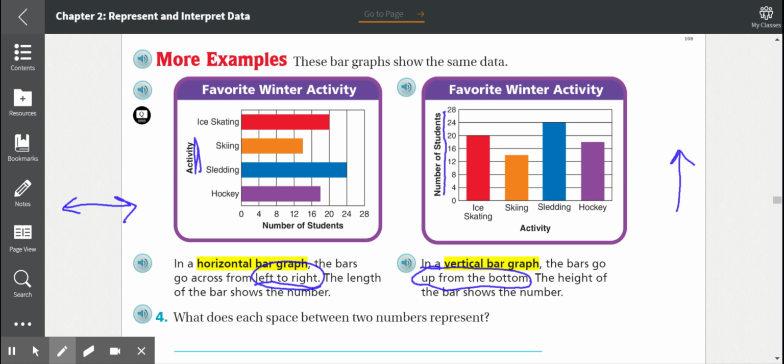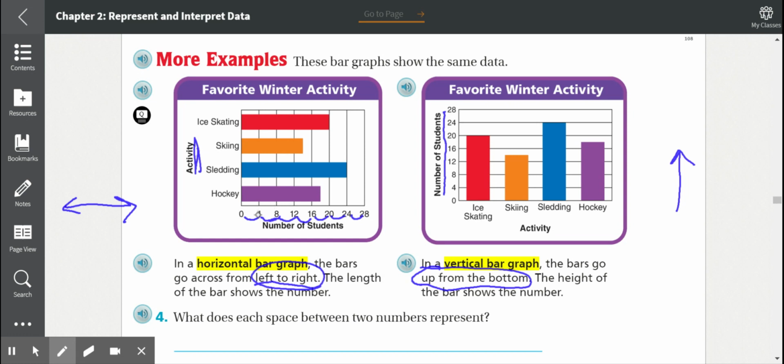Let's answer the question for number 4. What does each space between two numbers represent? So what they mean is when we go from 0 to 4, what does that mean? When we go from 4 to 8, what does that mean? 8 to 12, 12 to 16, 16 to 20, 20 to 24, 24 to 28. So we know that the scale is going by fours.